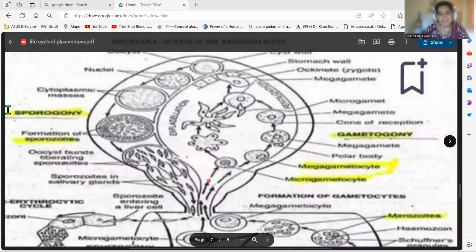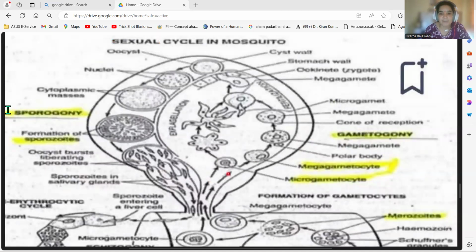So, this female gametocyte becomes the female gamete, whereas the nucleus of the male gametocyte undergoes mitosis and forms small nuclei surrounded by a portion of cytoplasm. Means each daughter nuclei is surrounded by a part of the cytoplasm by a process which is called as exflagellation. So each one is the male gamete.